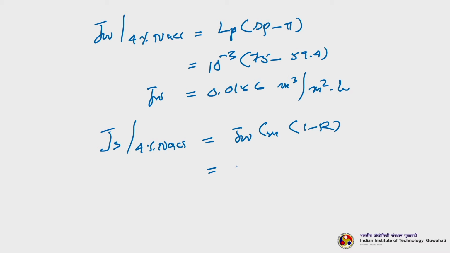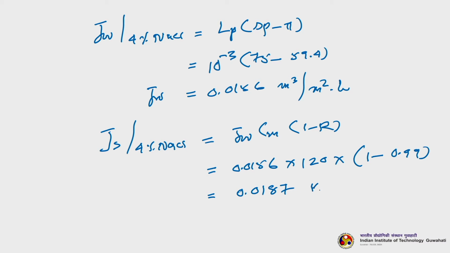Jw we have just calculated as 0.0156, into Cm equals 120, into 1 minus R, which is 0.99. So, we will get 0.0187 kg per meter square hour. So, this is your salt flux for a 4% sodium chloride solution.